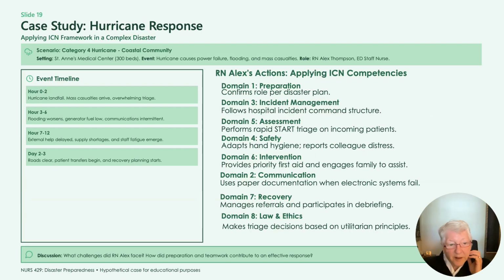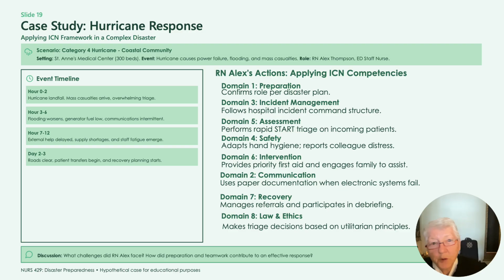So this is a case study about hurricane response. This case study applies the ICN framework to complex disaster scenarios involving a Category 4 hurricane. The setting is a 300-bed hospital experiencing power failure, flooding, and mass casualties. RN Alex is an emergency department nurse responding to the event.